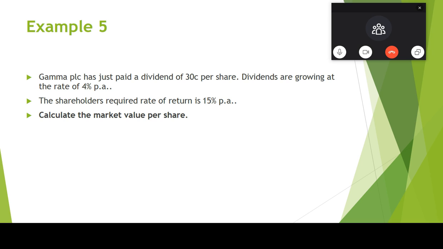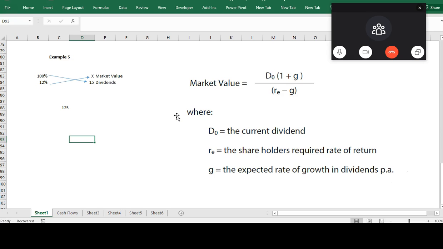So let's do it together. You tell me later if you did the correct thing. First, I would want to know the current dividend. How much is the current dividend?